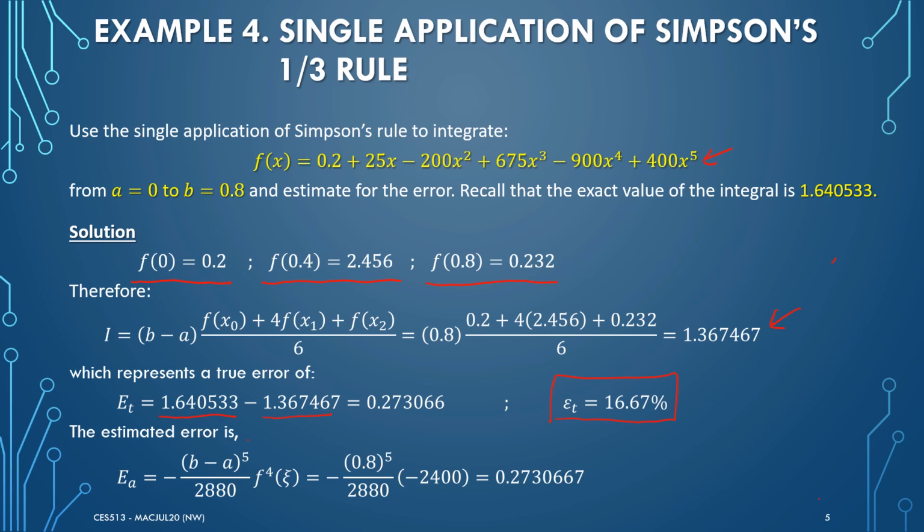So the estimated error, or the truncation error, is equal to negative (b minus a) to the power of 5 divided by 2880 multiplied by the fourth derivative of f(xi). So when we substitute all these values into the equation, where previously we got the fourth derivative of f(xi) equal to negative 2400, then we will get the estimated error equal to 0.2730667.